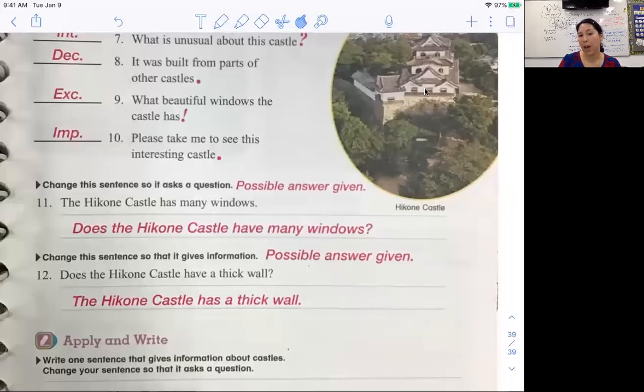And then on number 12, they actually took out does completely. I think you could have left it in. So if anyone wrote the Hakone Castle does have a thick wall, I think that's great. They put the Hakone Castle has a thick wall. So instead of having does have, they just took out does have and just put has. So either way would be correct.